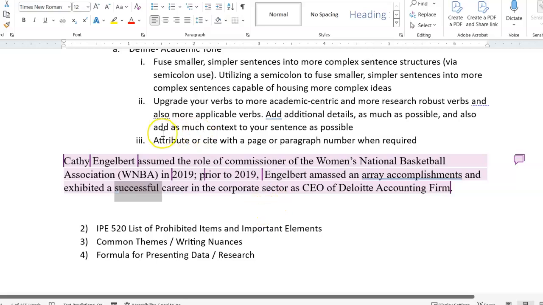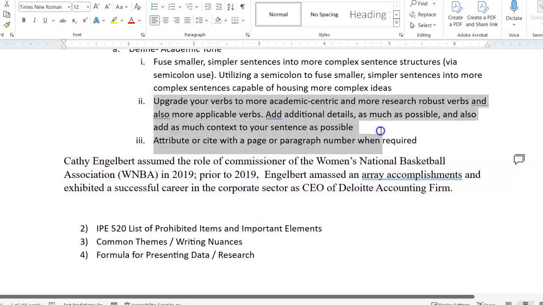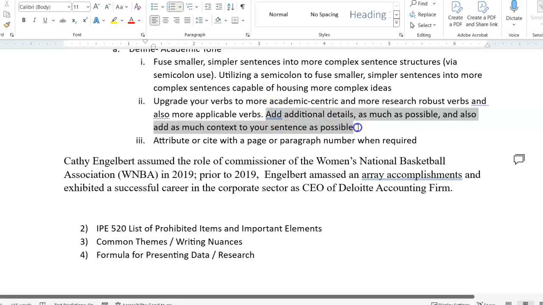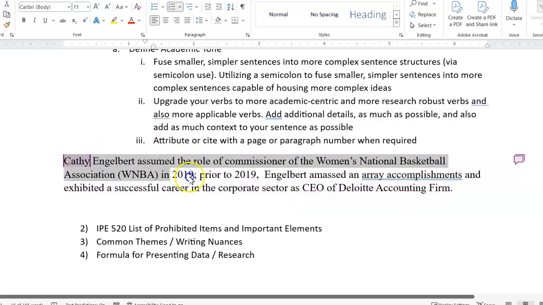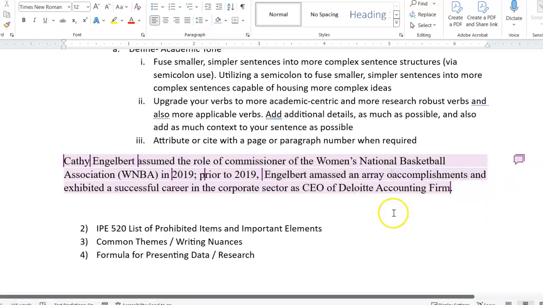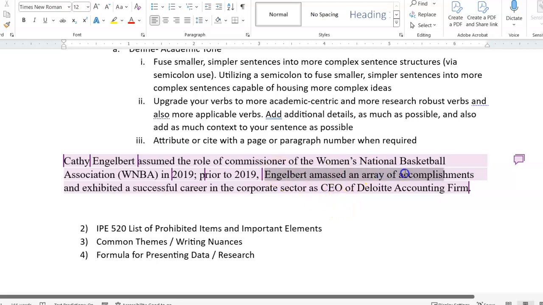So what's next? Let's look at the second part of step two, add additional details as much as possible or context. So immediately, this first part is pretty self-explanatory. "Amassed an array," that should be "of." I'm working without my glasses, bear with me. Engelbert amassed an array of accomplishments.